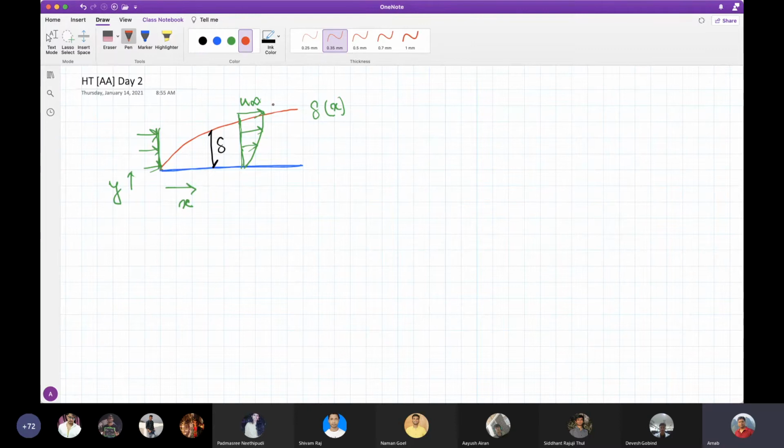And say we have stress tau here, and these values are say the u. So say a flow is happening over a flat plate in which the base I have colored as blue.